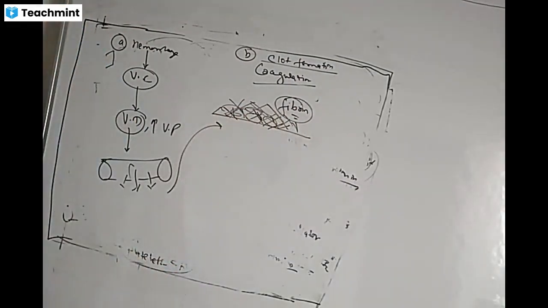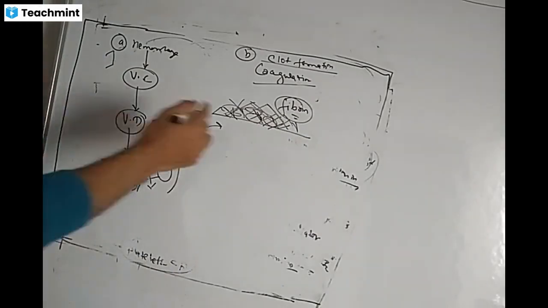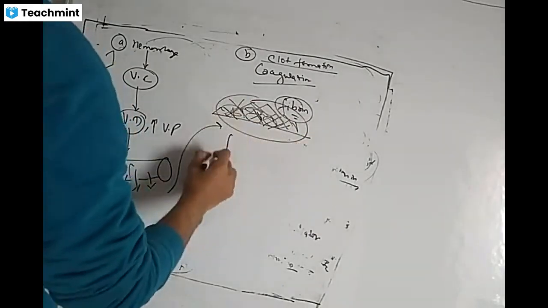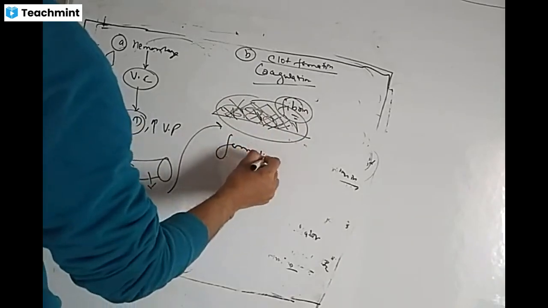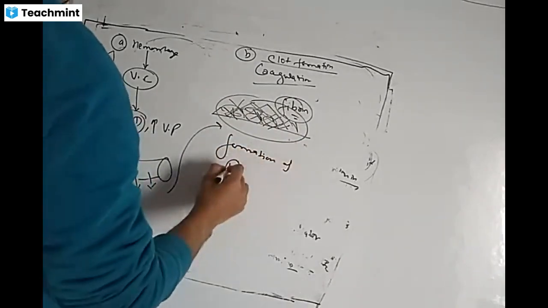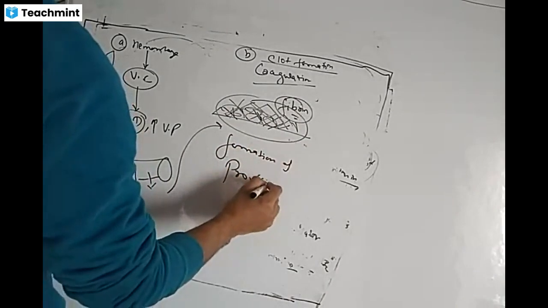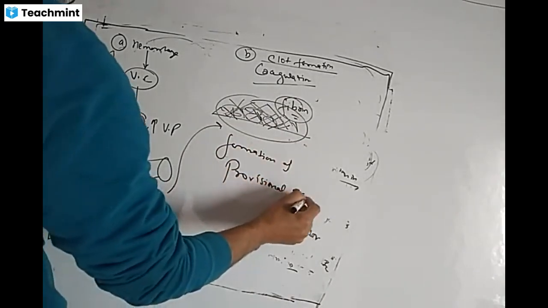But the important thing about this clot formation is there is formation of provisional extracellular matrix.